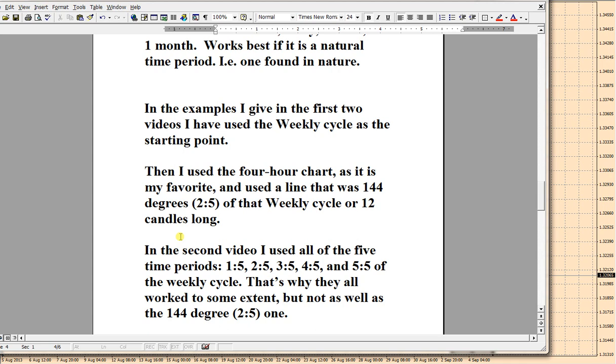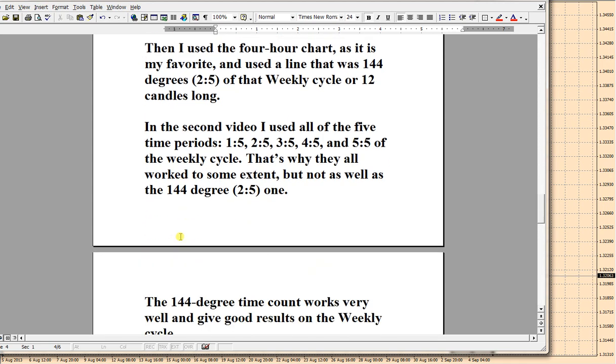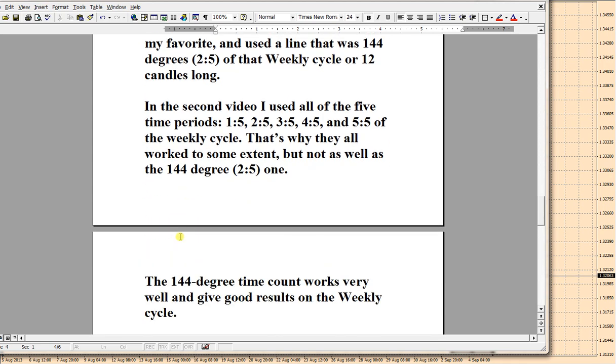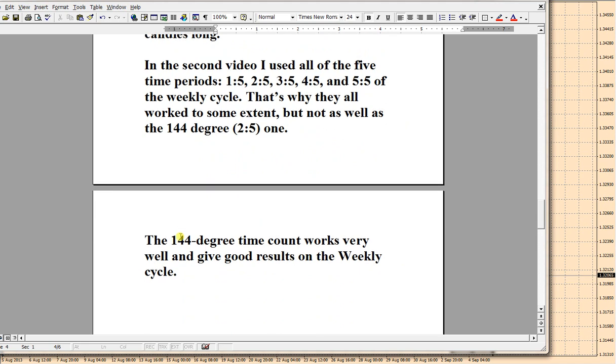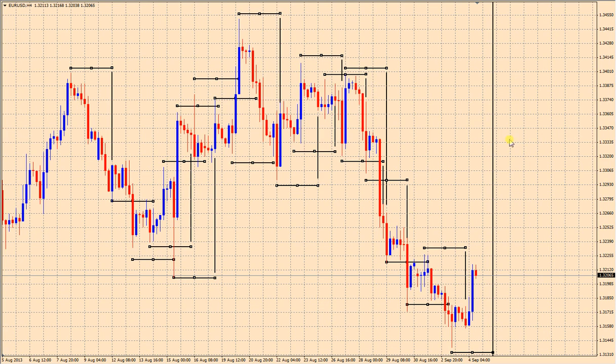That's why they all worked to some extent, but not as well, I don't think, as the 144 degrees or 2/5 one. And the 144 degree time count works very well and gives good results on the weekly chart, as we can see by looking right here. I showed you before.